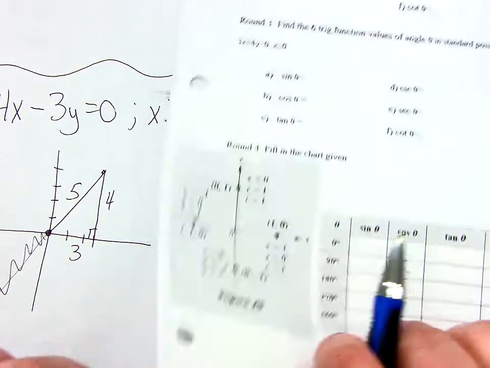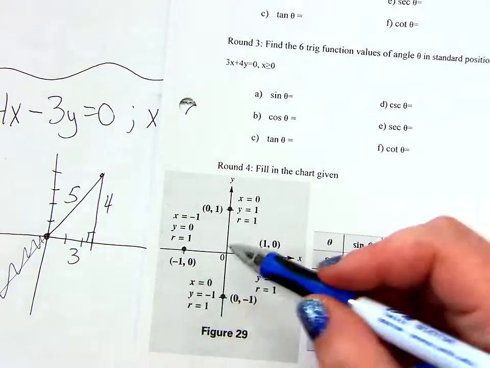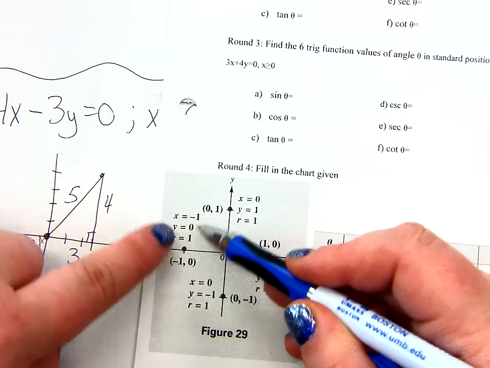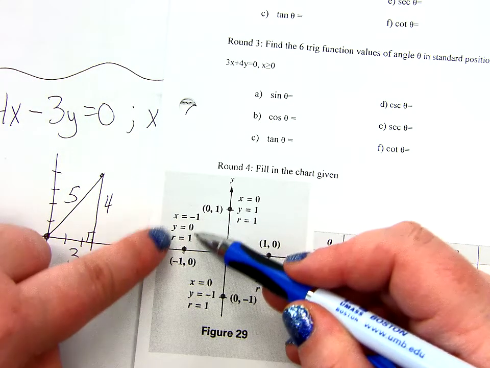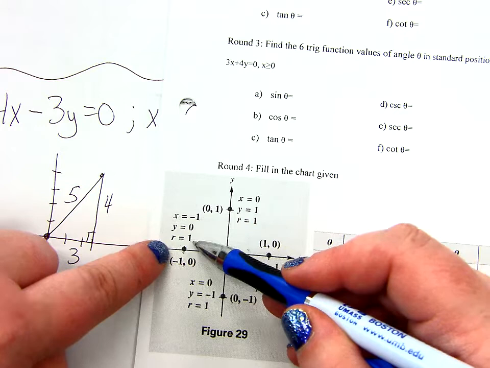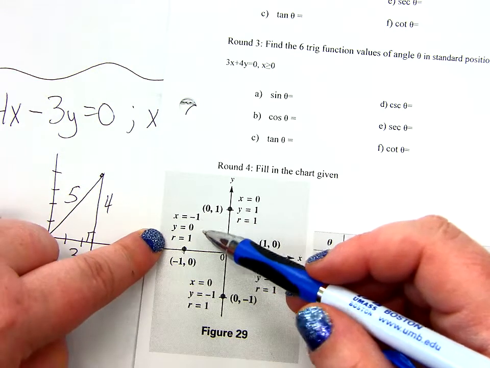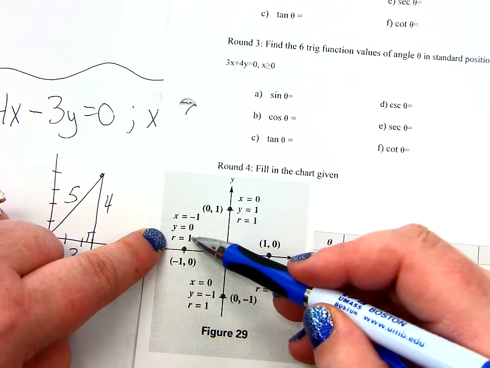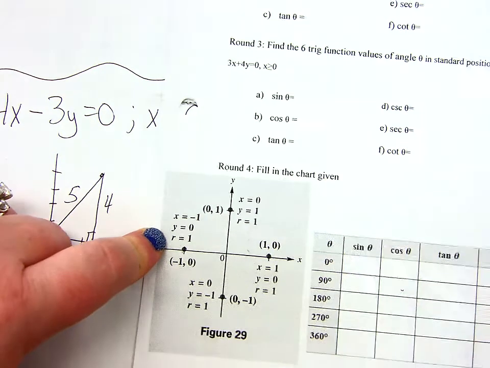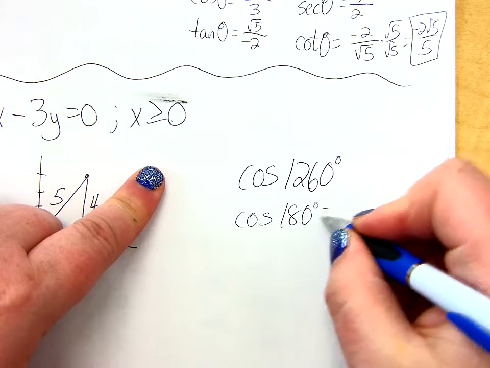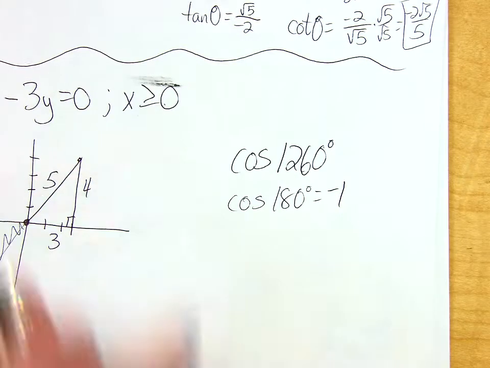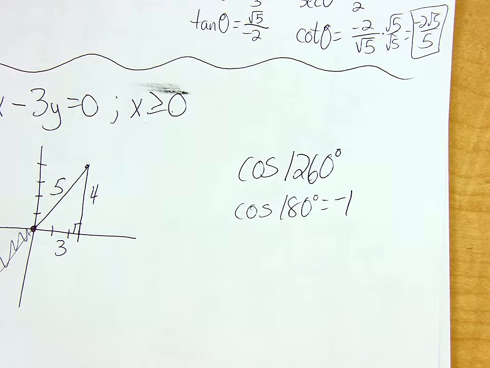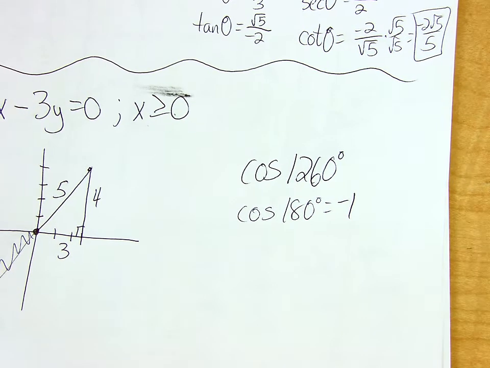And cosine is x over r. So x over r would produce an answer of what? Negative 1. X over r. Negative 1 over positive 1. So my answer should just be a negative 1. Does that make sense? Yeah? Okay.